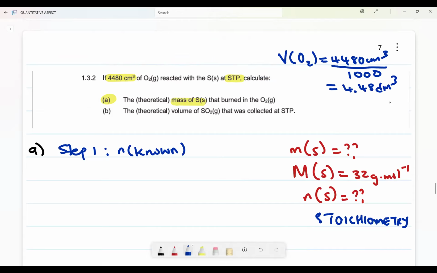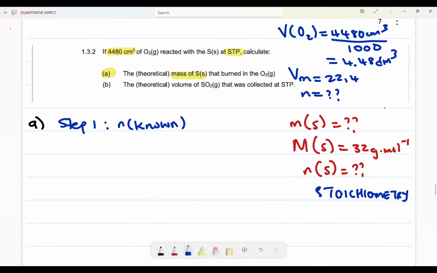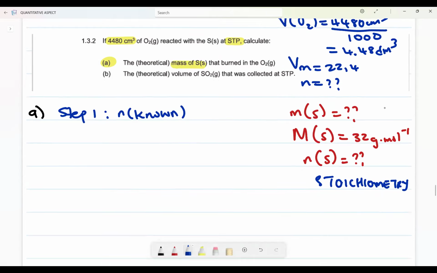Every time when they say STP, I know my molar volume is 22.4. Can I get number of moles of the known? Yes. Using which formula? Using this formula, V divided by molar volume.